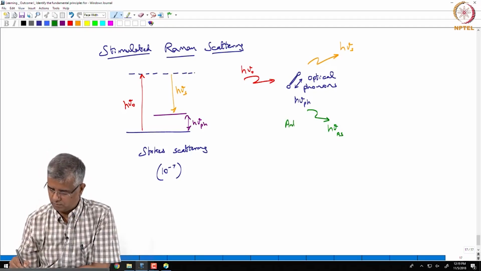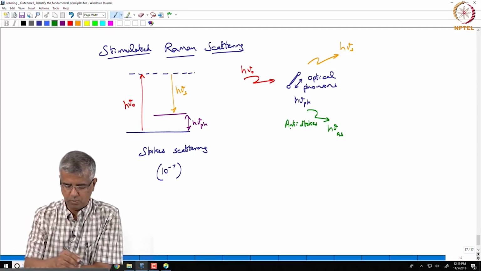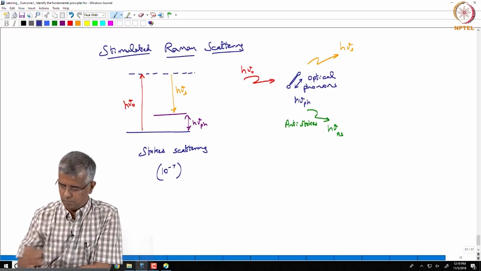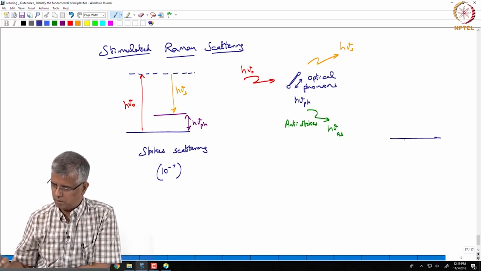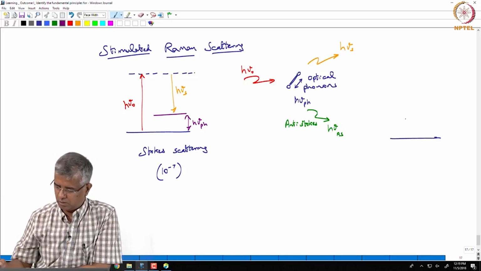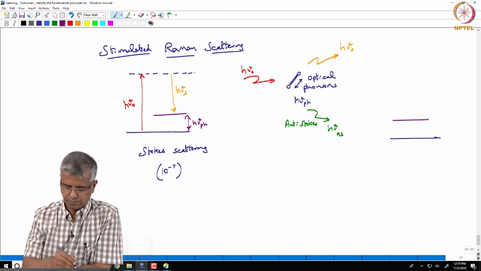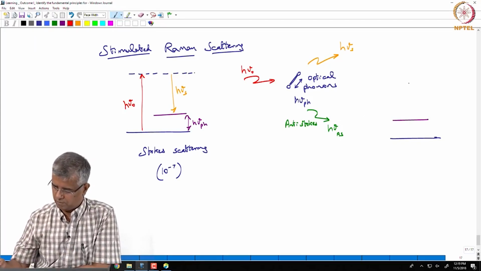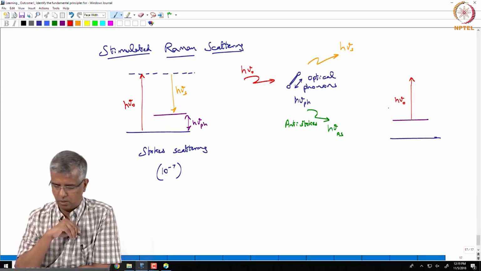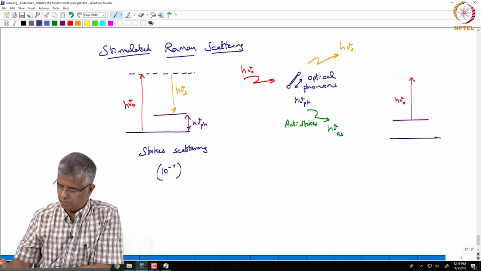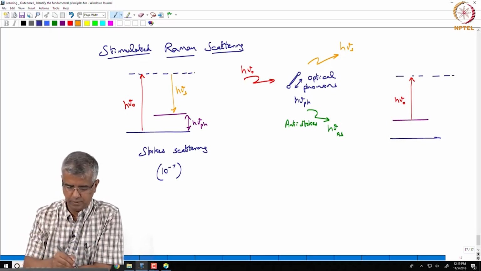So this is anti-Stokes scattering, and in this case what are we saying? We basically have this molecule at a lower level here, but because of phonons it has actually gone to a higher energy level, and from there whenever this optical radiation comes along with energy h nu naught, then you have scattering happening.